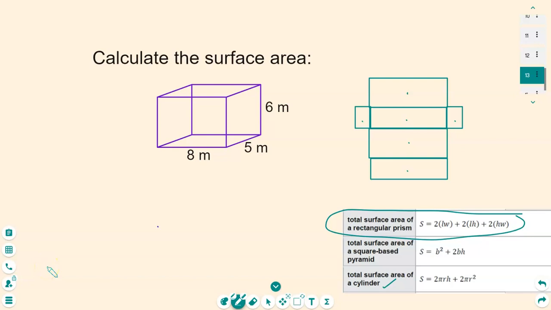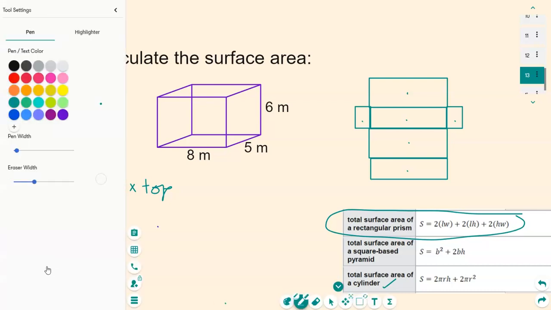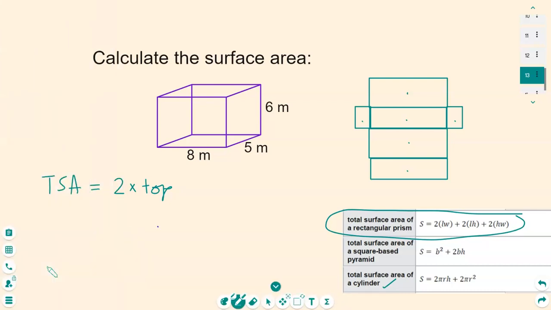So I like to think of this as you've got a top and a bottom. So I could say something like the total surface area is 2 times the top. Let's actually highlight these.